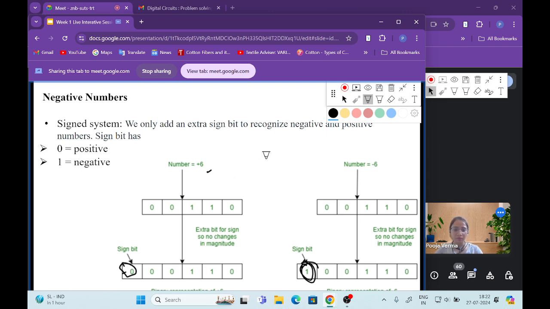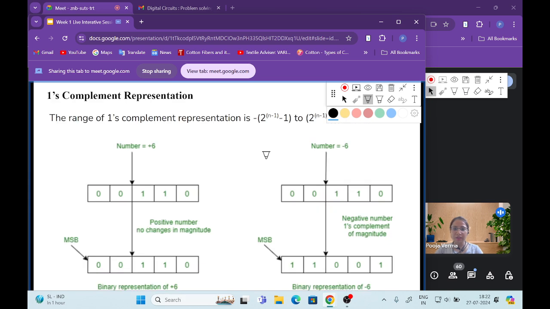Okay, so next is one's complement representation. In one's complement representation, for example plus 6, if the sign bit is 0, there is no change in magnitude.